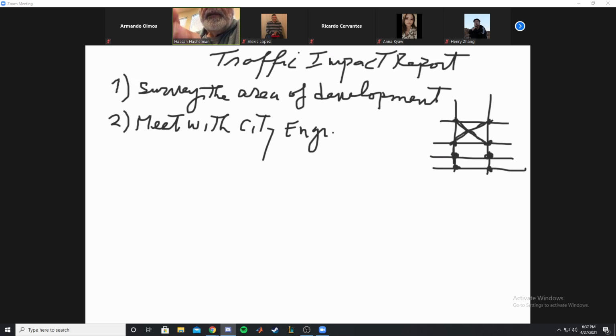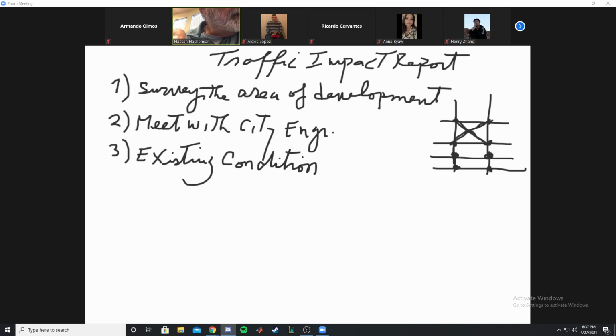The third thing that we want to do is look at the existing condition. By looking at the existing condition, we gather data on all these intersections, for instance. One typical intersection is this.